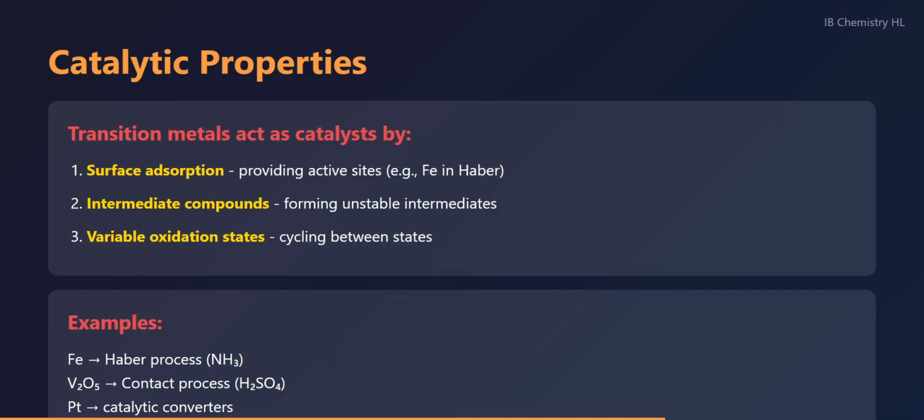Transition metals and their compounds are important catalysts. They can act through several mechanisms. First, by providing a surface for adsorption, like iron in the Haber process. Second, by forming intermediate compounds, like manganese dioxide in the decomposition of hydrogen peroxide.